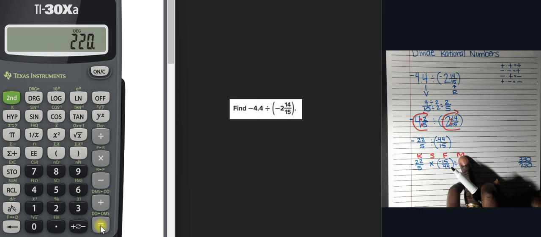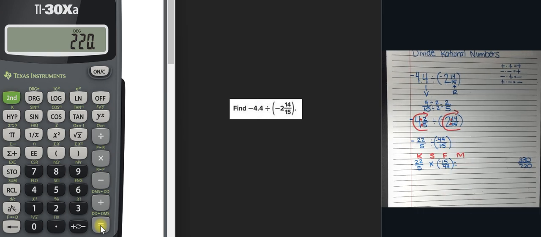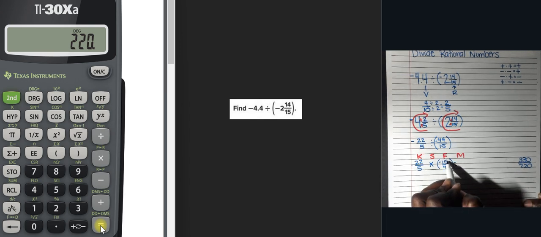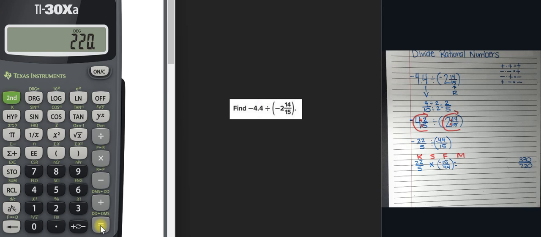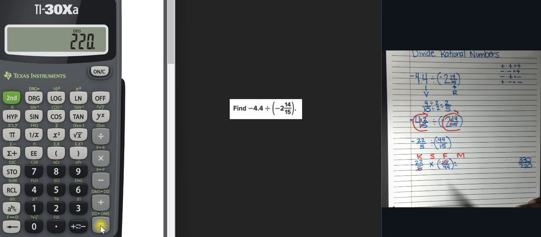Now let's look and see what happens if we find a common factor that we can divide them by. So let's look at this. I see 15 and I see 5. So I know that they are both divisible by 5. So let me cross that out. 15 divided by 5 gives me 3.